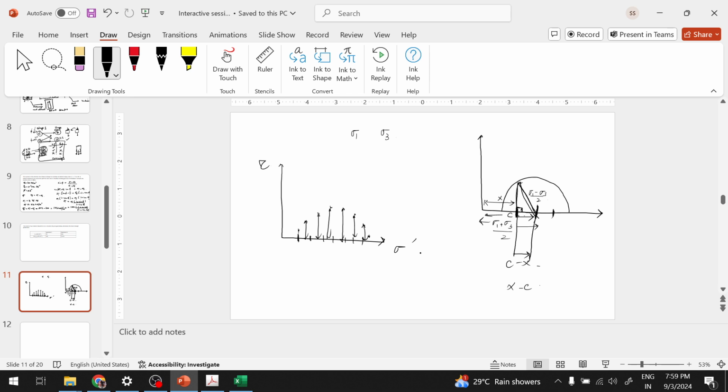So the y value will be square root of radius square plus this x, x c square minus, and that is what I'm going to do here.